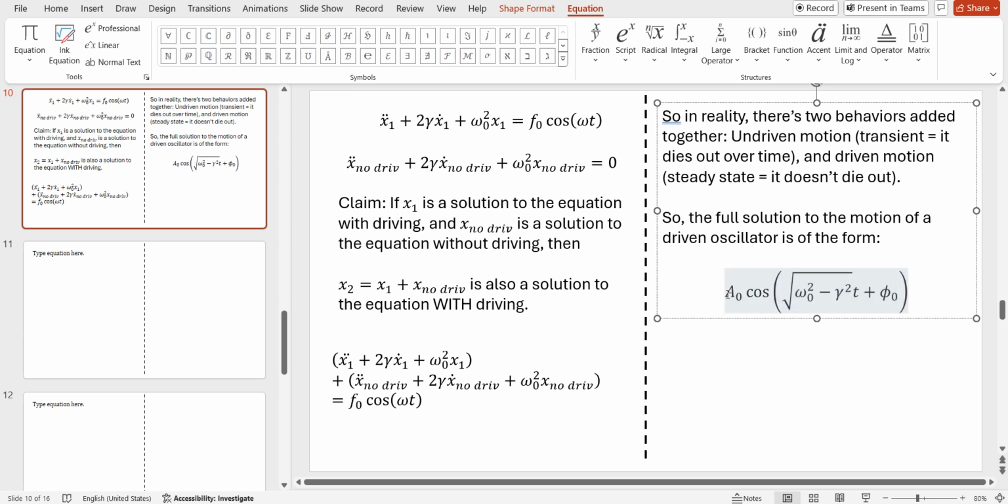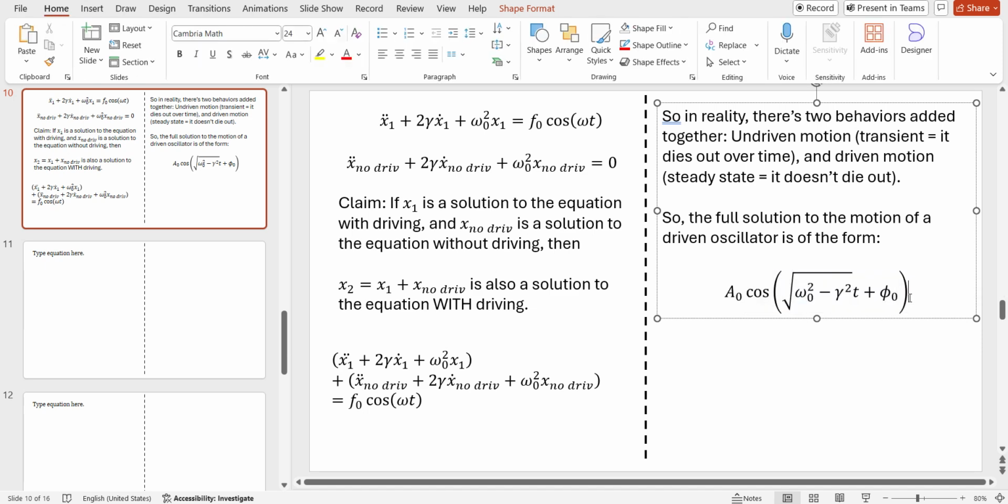This is the underdamped equation of motion. This is basically how an underdamped oscillator moves. Plus A cosine of omega t plus phi.